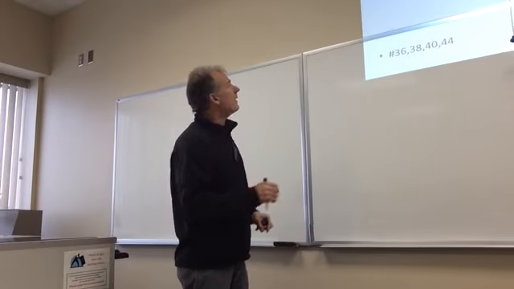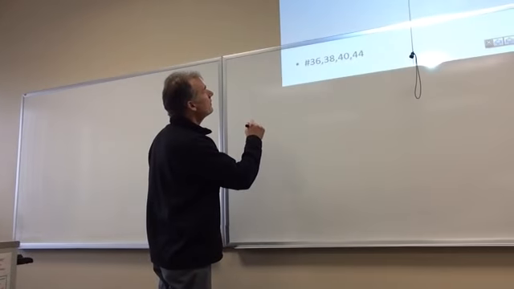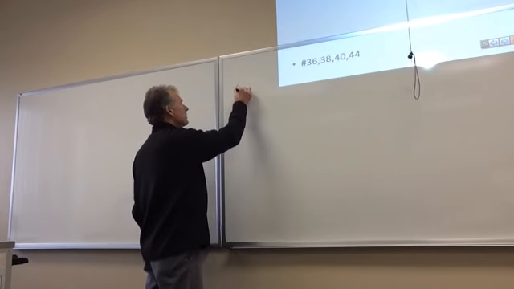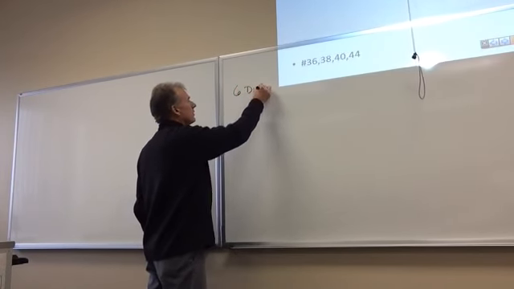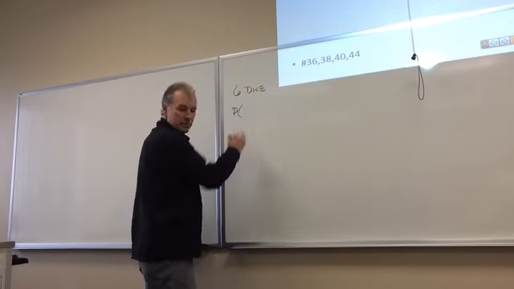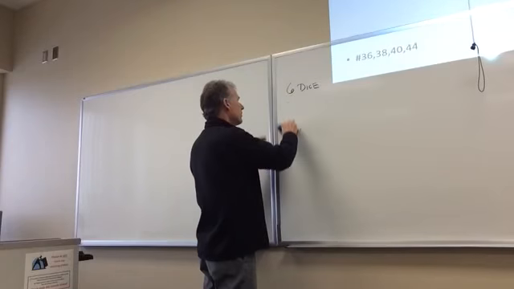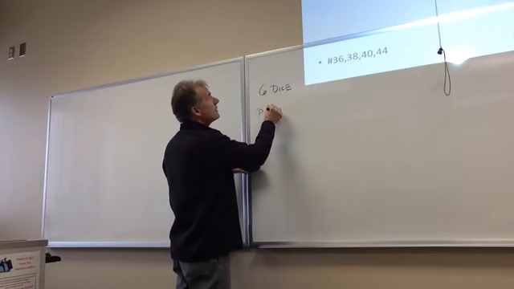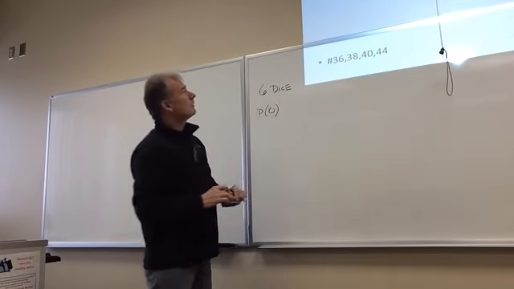Okay, so probability of getting no more than 2 5s with 6 dice. So what we're saying is we want to know the probability, I could write it out that way, of getting 0 5s, right?